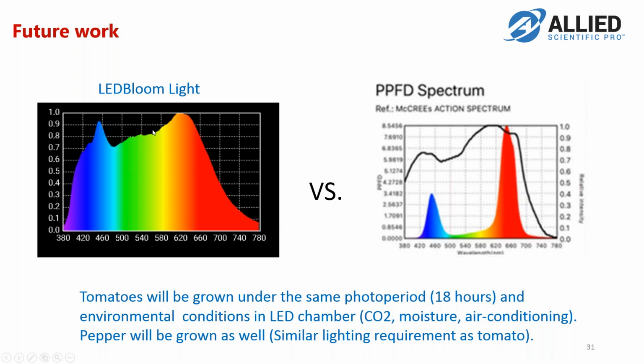so that everything else is the same except for the spectrum. So we already have this lamp from a company in California called LED Bloom Light, and it's a spectrum very much similar to the sun. And so we would just vary the spectrum and then compare the growth results. So everything else would be the same, because somebody could argue at this point that maybe you got bigger fruits, better quality fruits because you had more photo period.